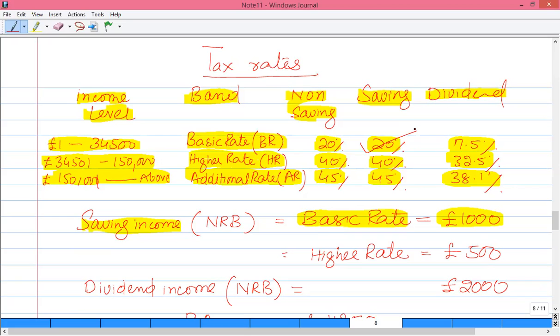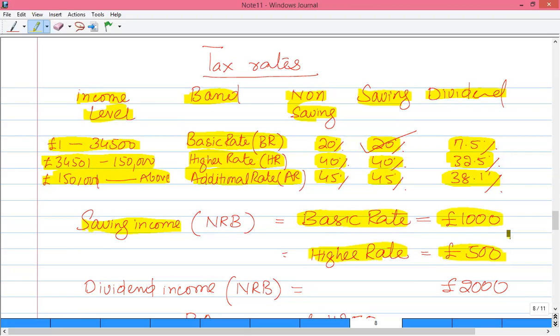Above that, the rate on saving income is 20%. So if a person has taxable saving income of 10,000 and is a basic rate taxpayer, the first 1,000 of saving income would attract 0% and the remaining saving income would attract a rate of 20%. Similarly, if a person is identified as a higher rate taxpayer, how can we identify that? Their total taxable income is more than 34,500.